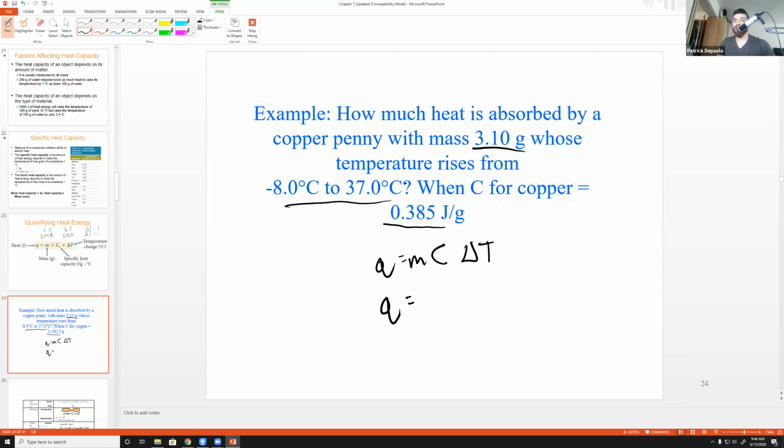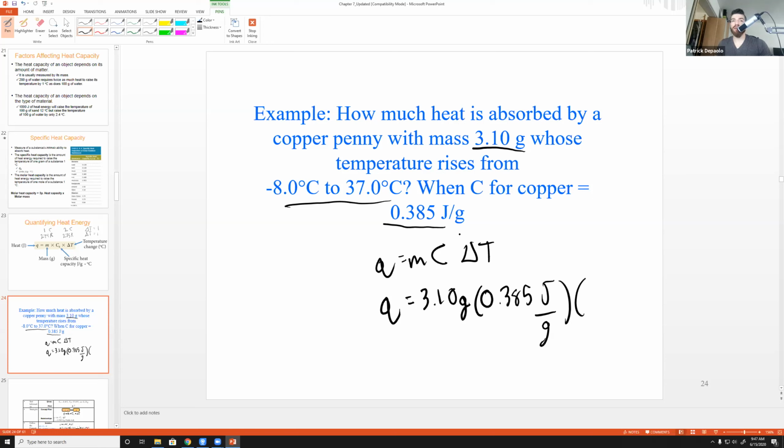So Q equals the mass, which is 3.10 grams. C is 0.385, and we'll look at units, joules per gram. And then actually this should be joules per gram Kelvin. Or actually, no, it doesn't matter. Or joules per gram Celsius. Whatever, it's not written there, but we can figure it out.